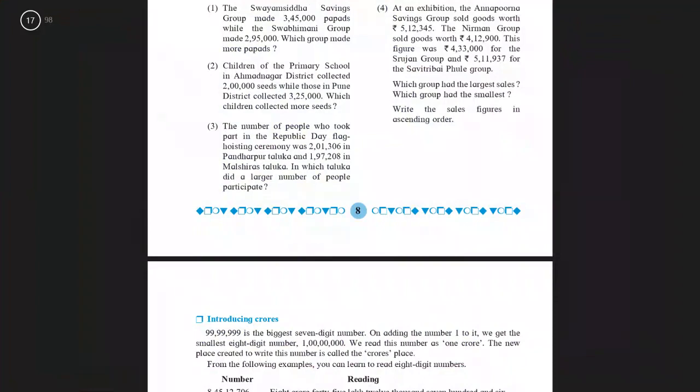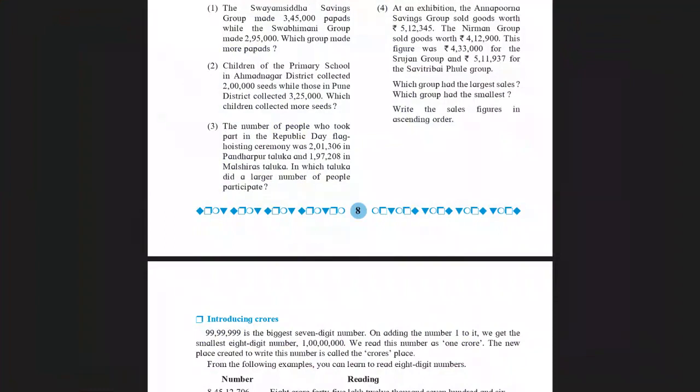The number of people who took part in the Republic Day flag hoisting ceremony was 2,01,306 in Pandharpur Taluka and 1,97,208 in Malshiras Taluka. In which Taluka did a larger number of people participate?